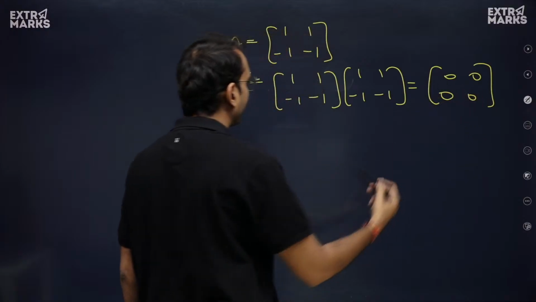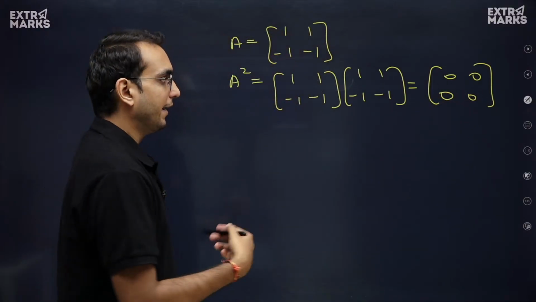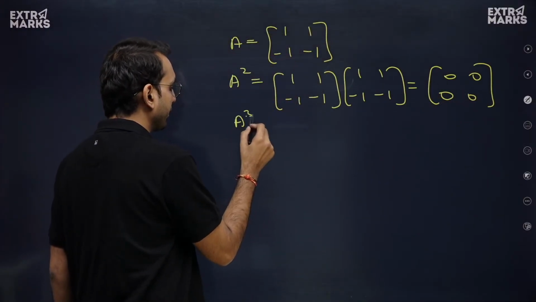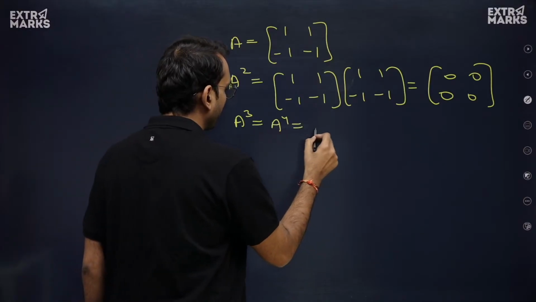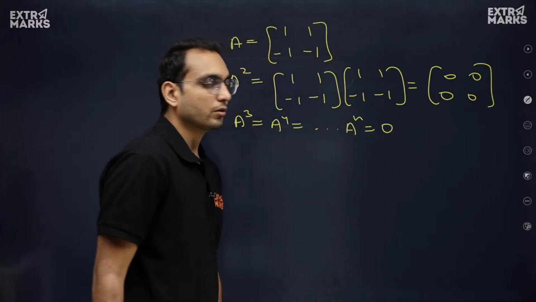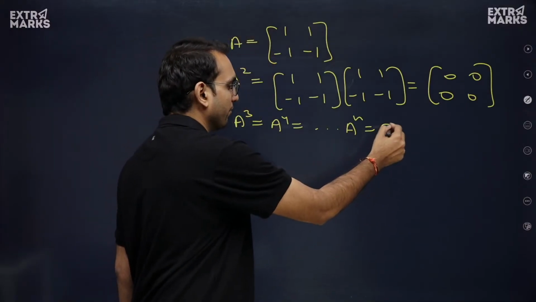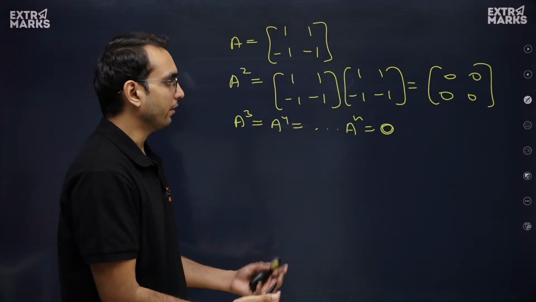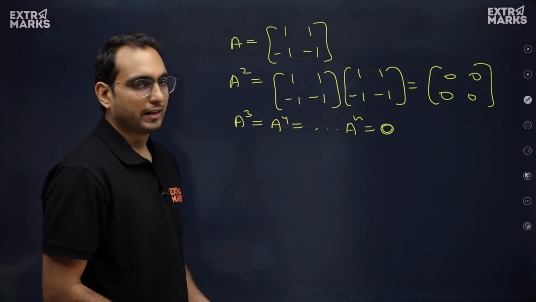Okay, now can you see A square is coming out to be 0, and if A square is 0, then A cube, A to the power 4, till any number, it will always come out to be 0. 0 means null matrix, obviously we are talking about the matrix, right? So now there is a pattern.